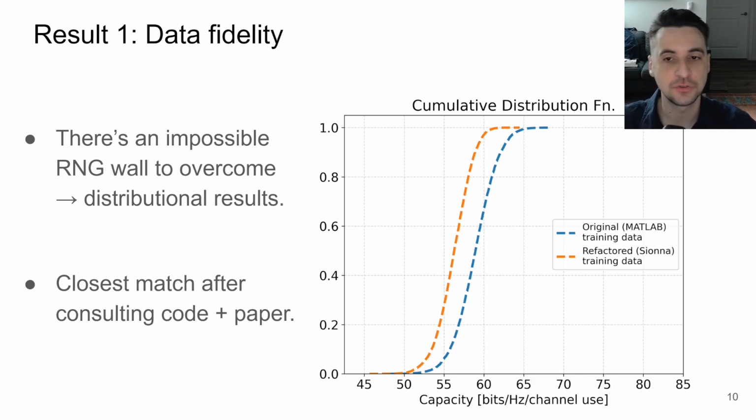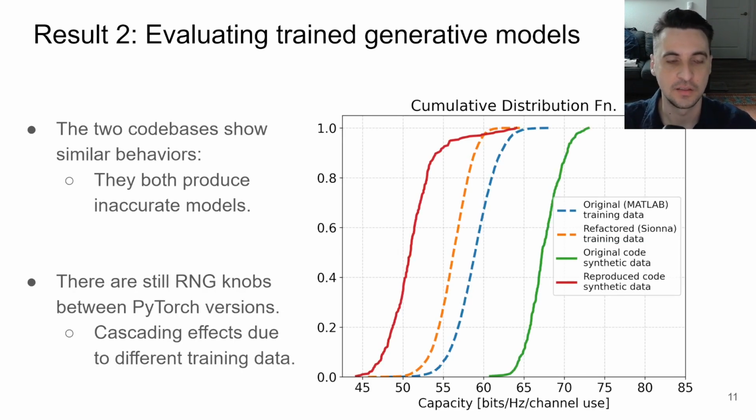Now, given these two training data sets, so there are 10,000 training samples now, from MATLAB and from Sionna, the next question we ask is, what if we train two generative models, the MATLAB in the original code base and the Sionna in the completely new code base, and we sample synthetic data from them?